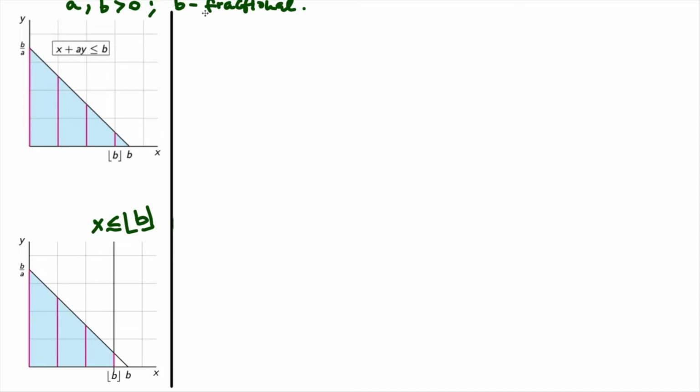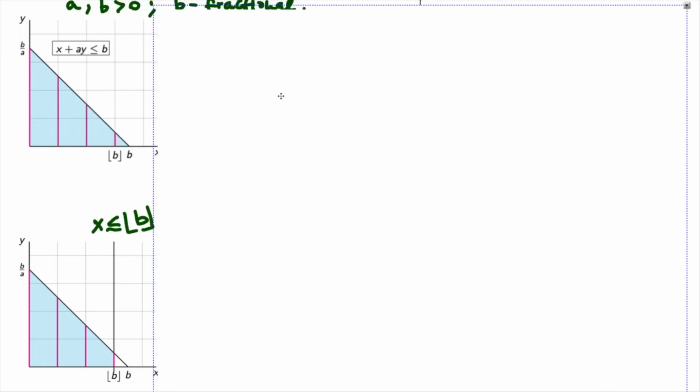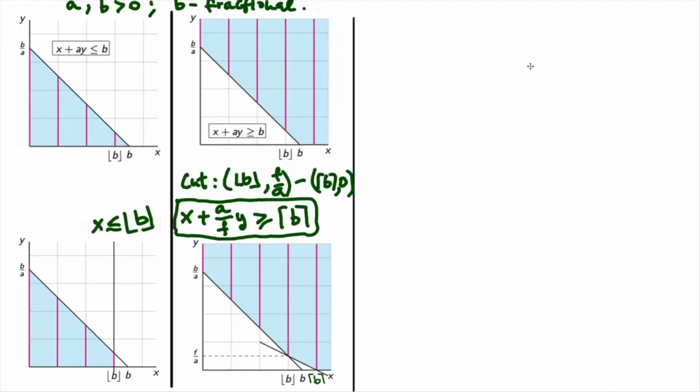Okay, so now let's look at all other possibilities of what can unfold here when we just have two variables, and the variable x, the integer one, is the basic variable that we need to take care of. So now let's look at what happens when we reverse the inequality sign here.